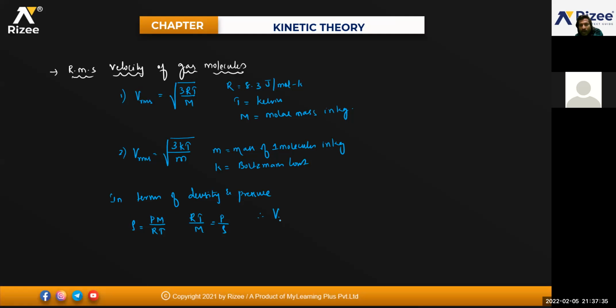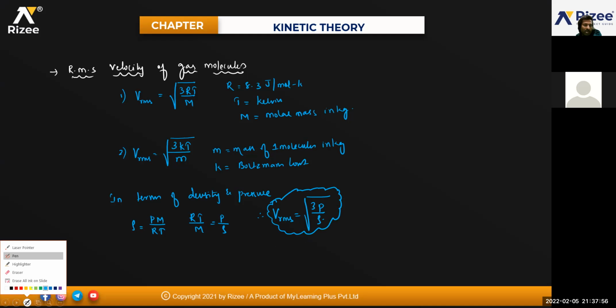Therefore, Vrms will be equal to the root of 3P divided by rho. So these are the three standard formulas you need to remember for the Vrms velocities.